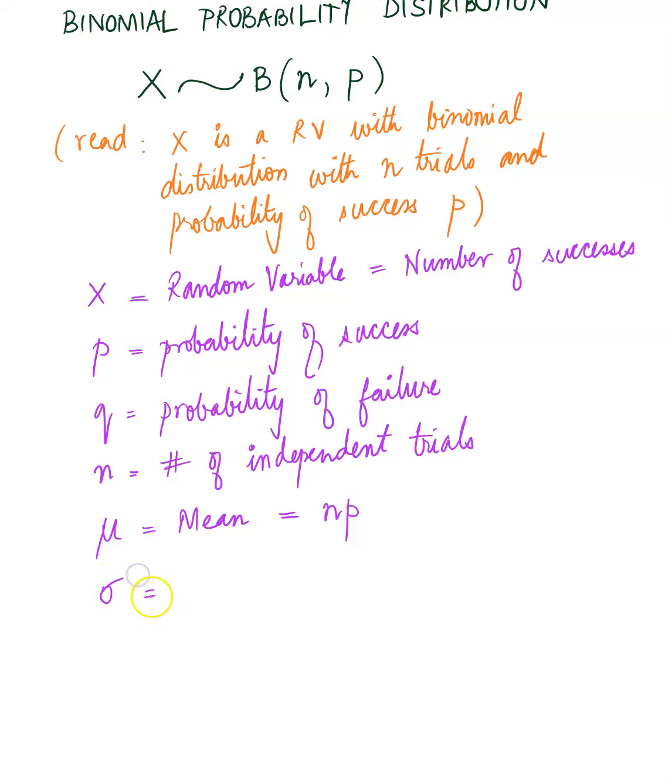And sigma, which is the standard deviation, is also really cool. It is the square root of n p q, n times p times q. Okay, so we'll do a problem now. We'll try to find the probability, the mean, and the standard deviation, and you'll find it so much fun.